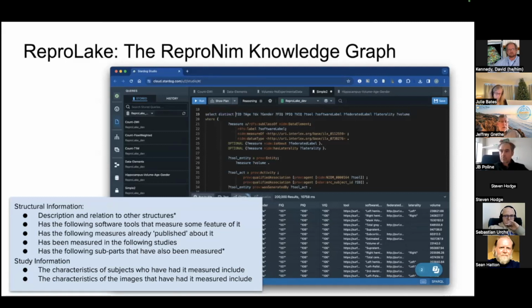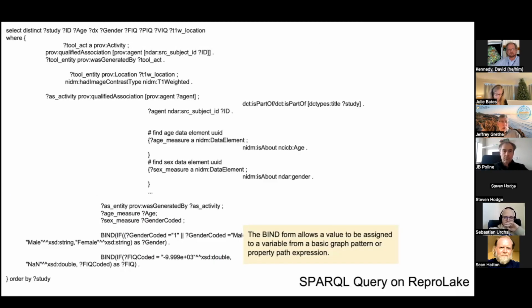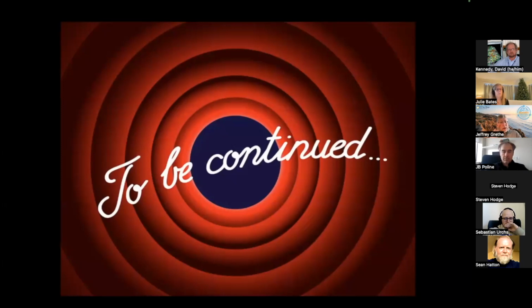So again, you have a global way to query the information through SPARQL locally and remotely. And this is just a more complicated query on the ReproLake, where you're looking for T1 weighted images. You're looking for information about the subject, such as age and gender, and pulling that all together from the available RDF store.